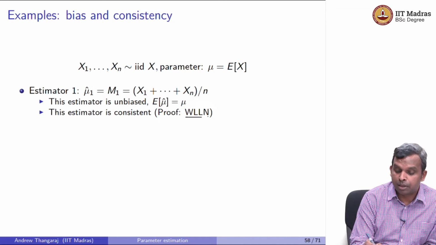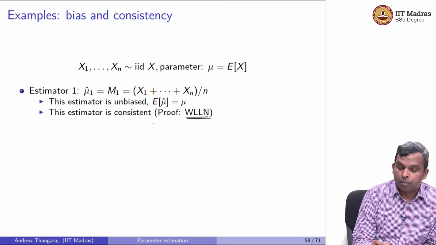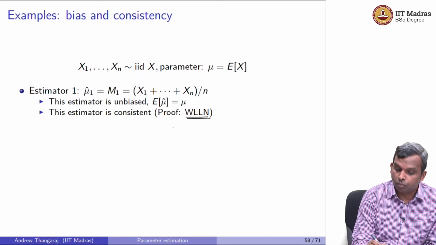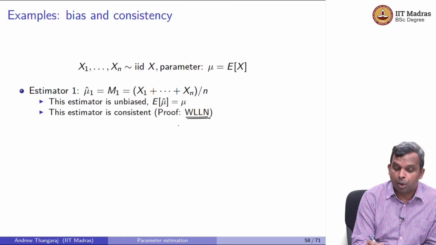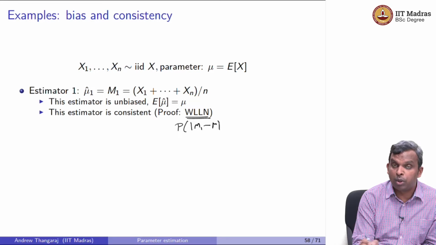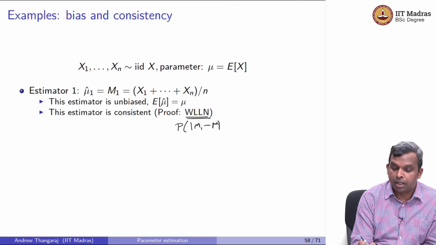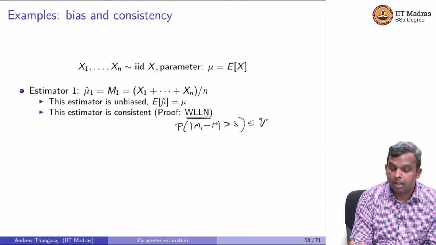Remember, the weak law of large numbers essentially says that for this X1 through Xn divided by n, which we call M1, the probability that the absolute value of M1 minus mu is greater than some delta is less than or equal to some quantity that tends to 0 as n tends to infinity.